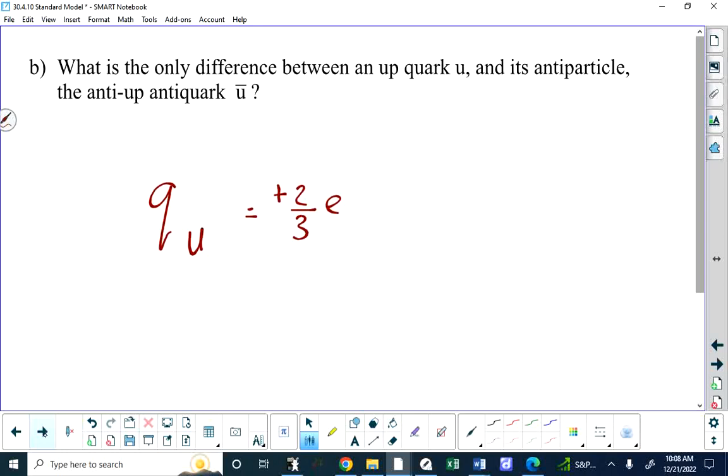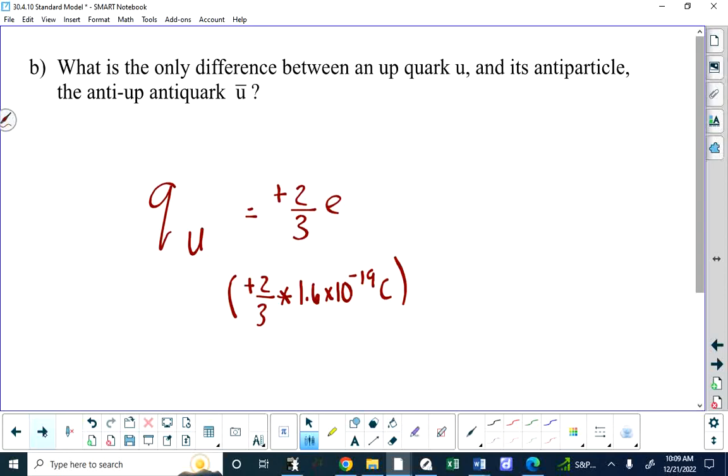By the way, that means that if you actually wanted to know the charge, and I don't know under what circumstances you would be asked that, but you could be, then you would take 2 divided by 3 times that number.